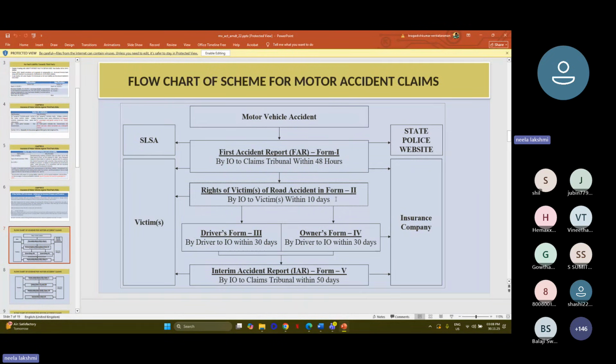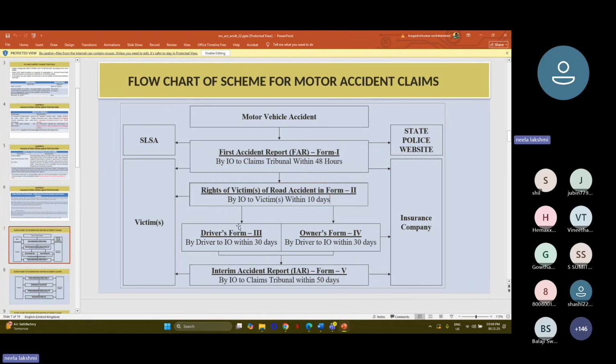They give all the details regarding the vehicle which caused the accident, insurance policy details, vehicle owner, driving license details. All these details would be provided by the IO to the victims within 10 days of the accident. Simultaneously, it would be circulated to all the people concerned.